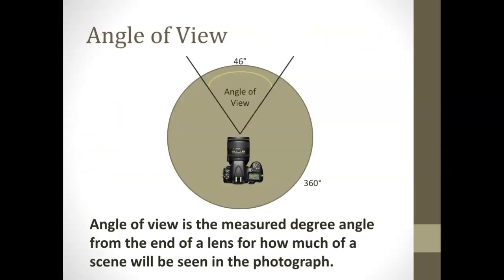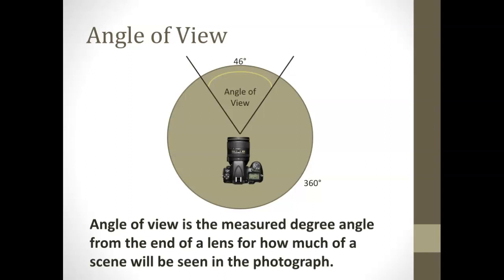Angle of view is when we're thinking about the full situation of what we could see. If we had an unlimited angle of view, we'd be able to see 360 degrees. So sometimes a photographer may put together a panoramic view of a scene where they turn the camera and take multiple pictures that they stitch together to achieve a 360 degree view.